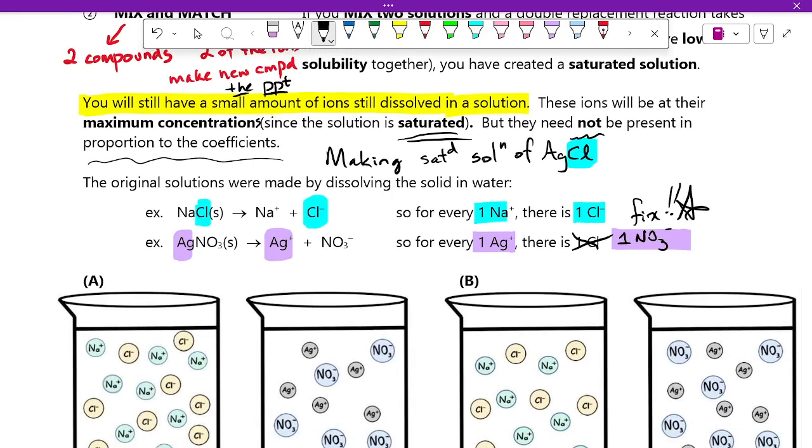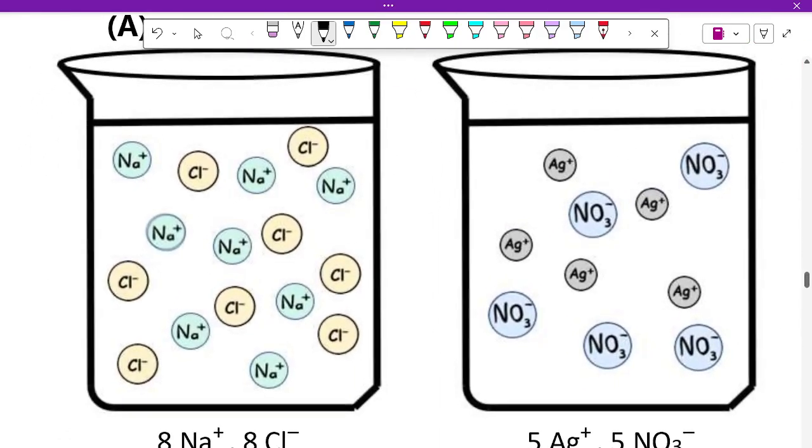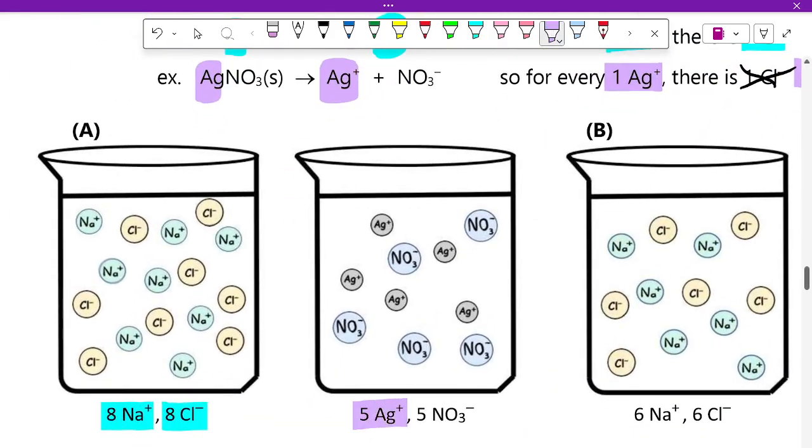Now, here in situation A, if you go and you count all the sodiums, there are 8 sodiums and 8 chlorides. But I mix up a different solution of silver nitrate and I don't make it as concentrated. So I only put in 5 silvers and 5 nitrates.